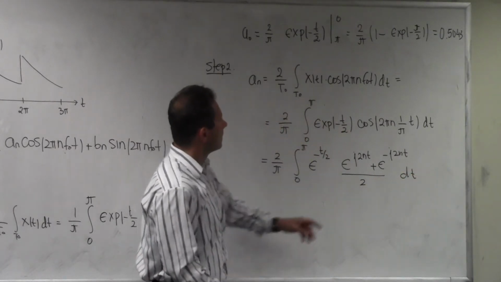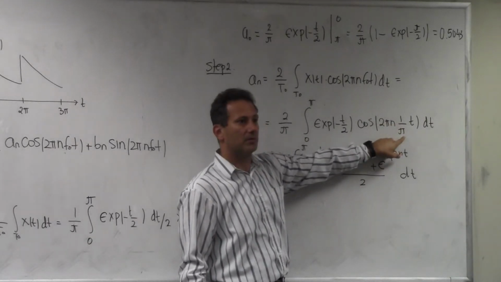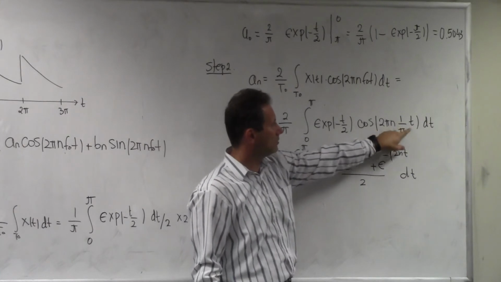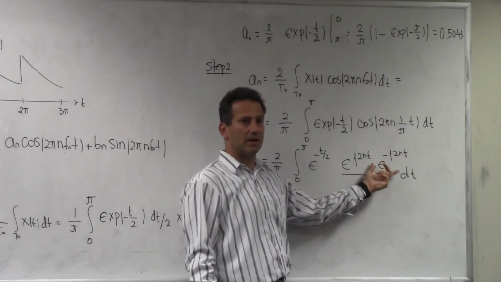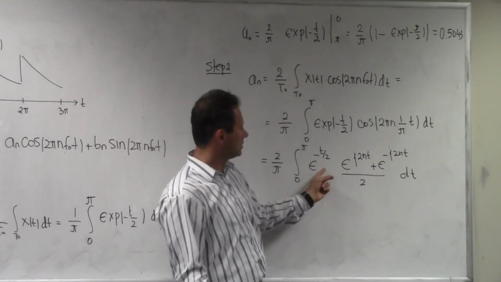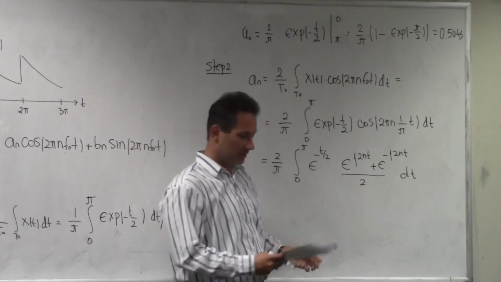What did I do? Instead of f0, I'm writing 1 over pi because that's 1 over period. Period is pi. Pi and pi cancel, so you have cosine of 2nt. Well, the cosine is e to the j plus e to the minus j over 2. And why do I do that? Because now you can see you can group this into 2 exponentials that integrate very easily.